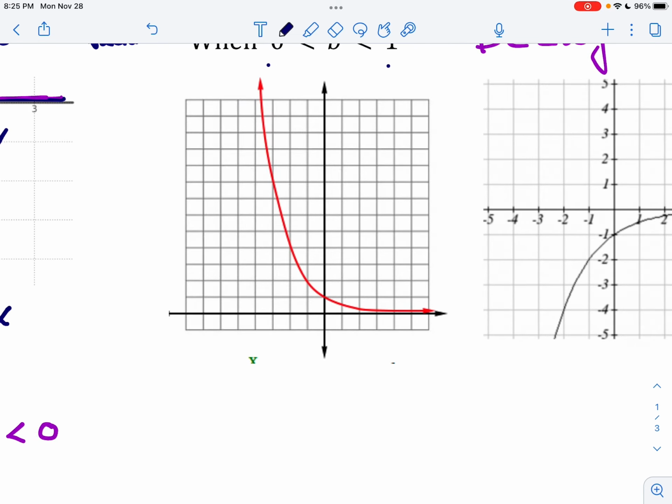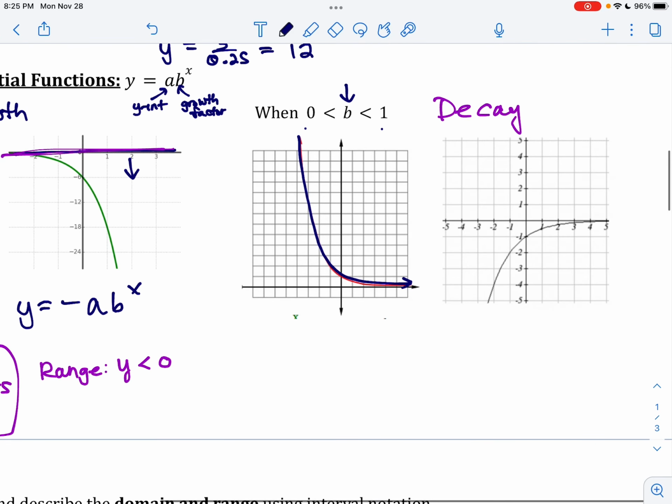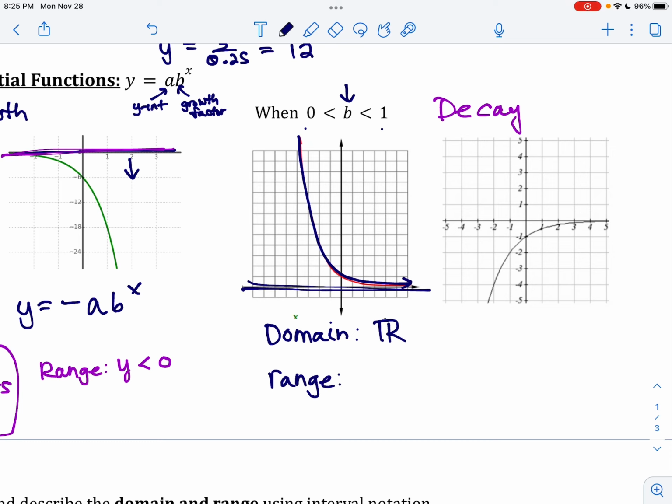And when it decays, it decreases rapidly and gets closer and closer to the x-axis, but it never crosses. And the domain for this is always all real numbers. But the range for this one, since it's above the x-axis, it's going to be y is greater than 0.